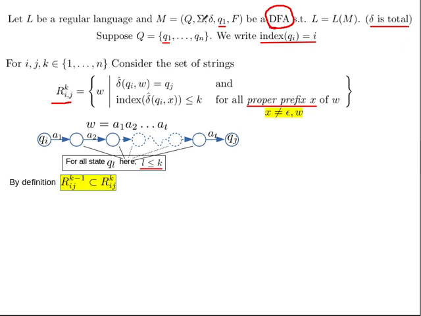Suppose L is regular and L is accepted by this DFA M. We also assume that the transition function is total. That we can assume because we discussed the dead state earlier. If you forgot, just revise that part about the dead state.